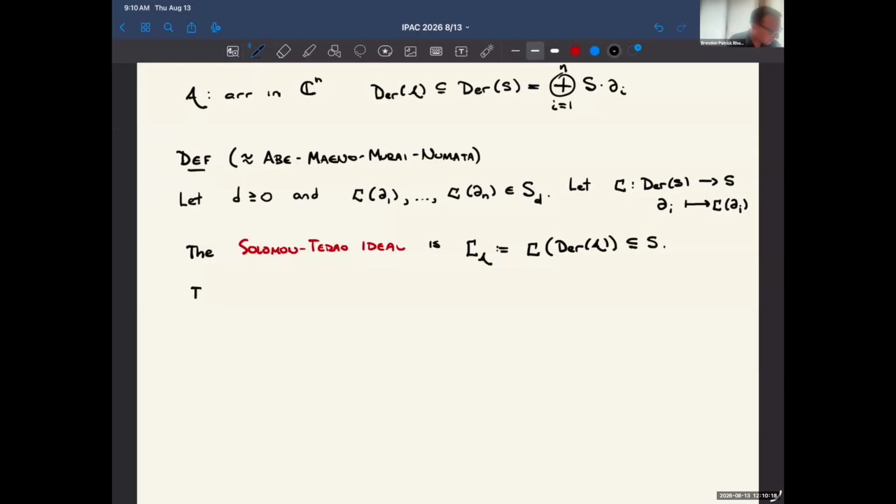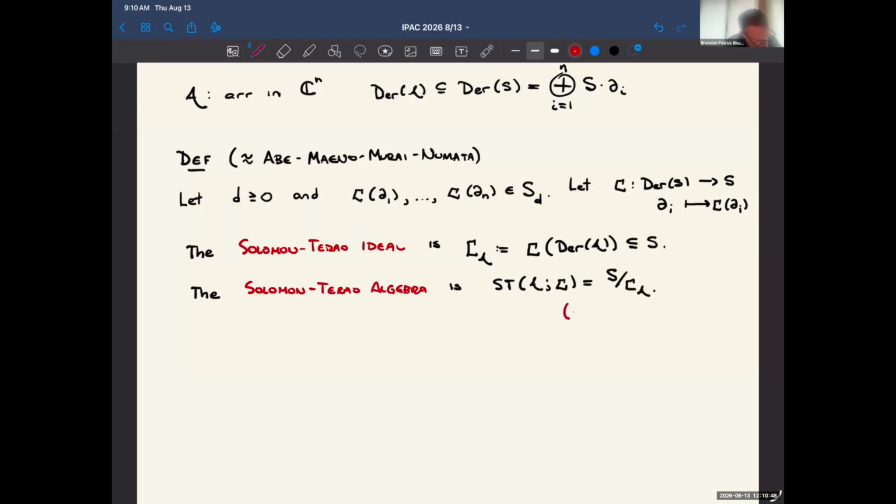And we'll be interested in not just the ideal, but the corresponding quotient ring, and this is called the Solomon-Terao algebra. This will be ST, for Solomon-Terao, (A, c), and this is S modulo C_A.